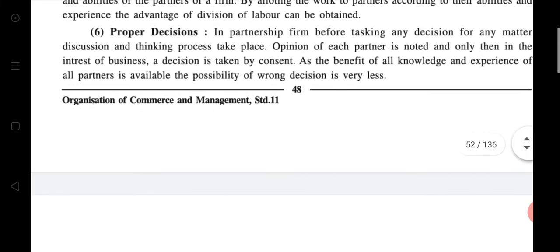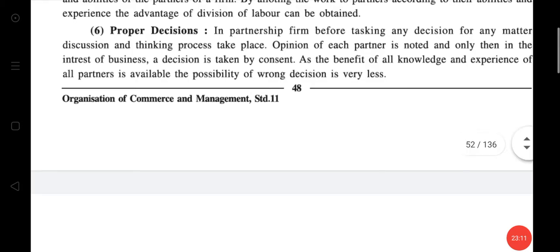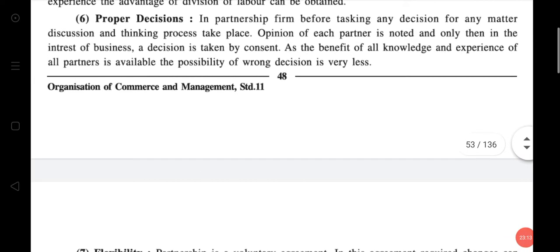Then proper decision. In a partnership firm, before taking any decision on any matter, discussion and a thinking process take place, because a single partner cannot take any decision without the consent of the other partners.